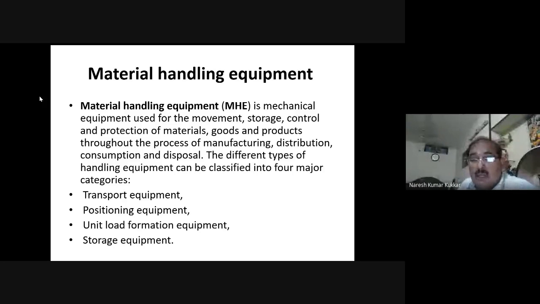Now, when all the parts are coming together and being fixed at one point, then this equipment is required. Like if the chassis is coming from one point to another, it may come with some transport equipment, maybe some sort of cart, maybe some sort of forklift, or some sort of conveyor which is bringing it.